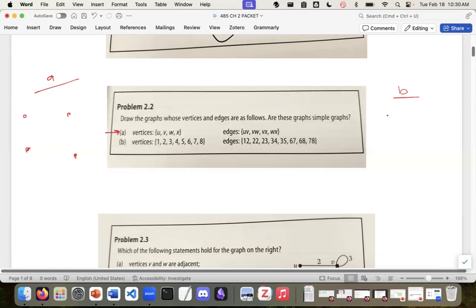Okay, so over here for B. Also, wait, I'm not sure that there should be only 4 edges for problem 2. A. The one in the middle.